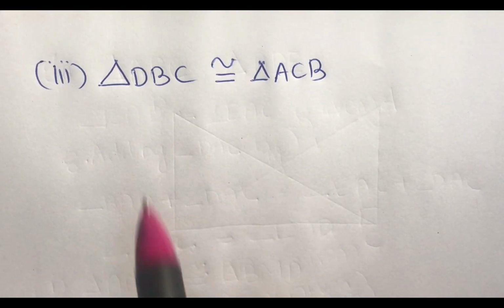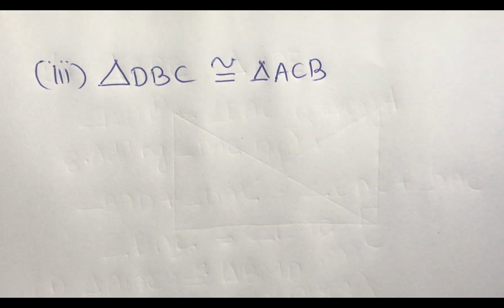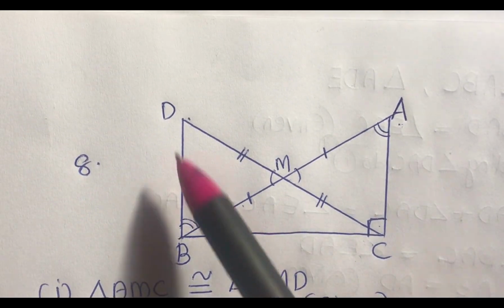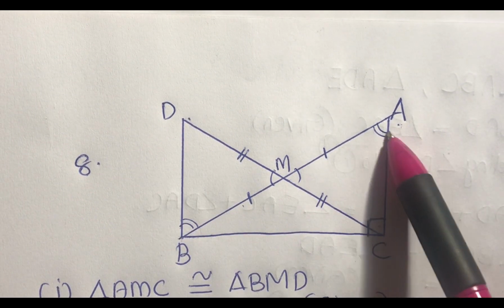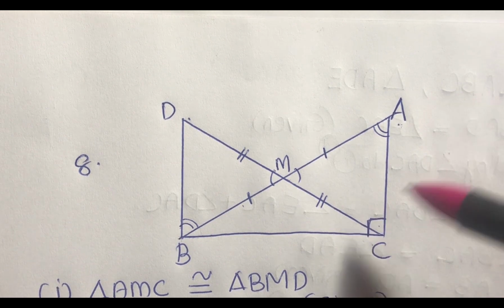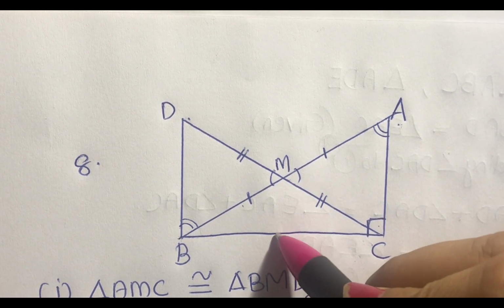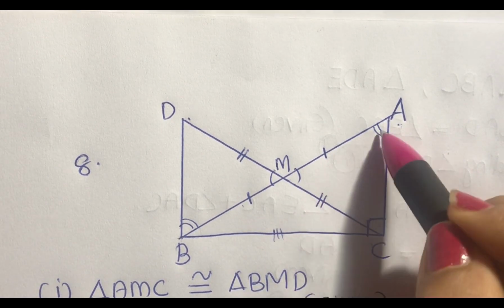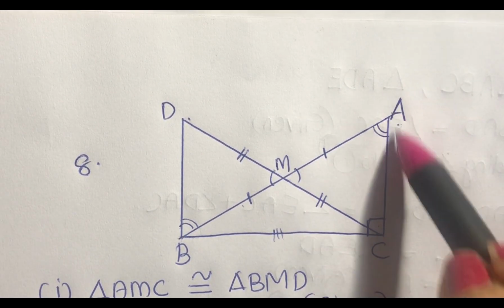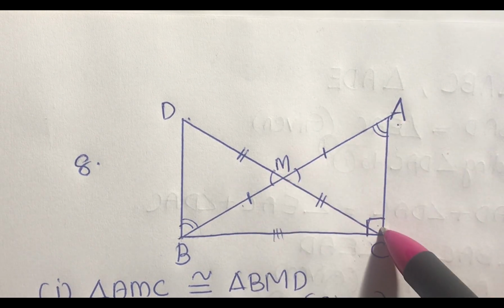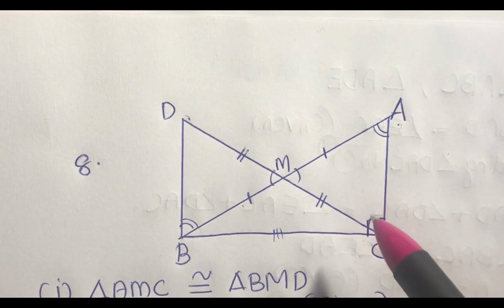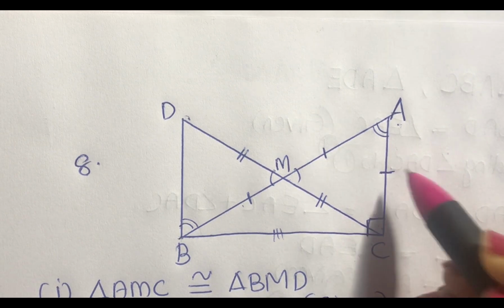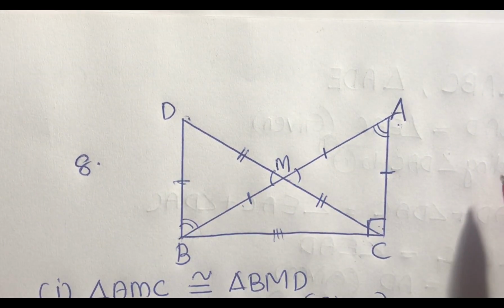Now we have to prove triangle DBC is congruent to triangle ACB. That is, triangles DBC and ACB are congruent. So this is a common side, and also we have proved AMC and MBD are congruent, so therefore these sides also will be equal.